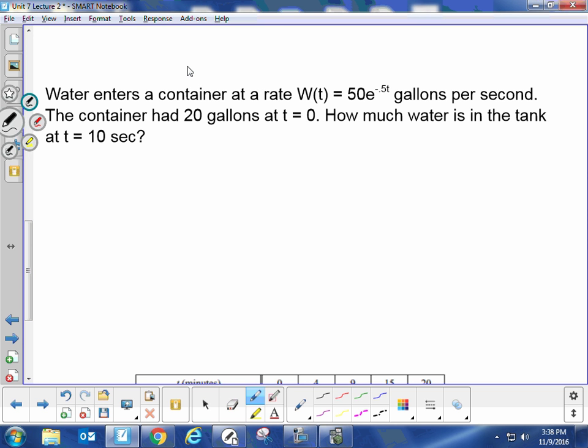T would just be the total amount that has entered. But if I just want the total amount of water at 10 seconds, I can take the total amount of water at 0 seconds and add the change in water, which will be the area under T prime, which in this case is W. And we get 119 gallons.